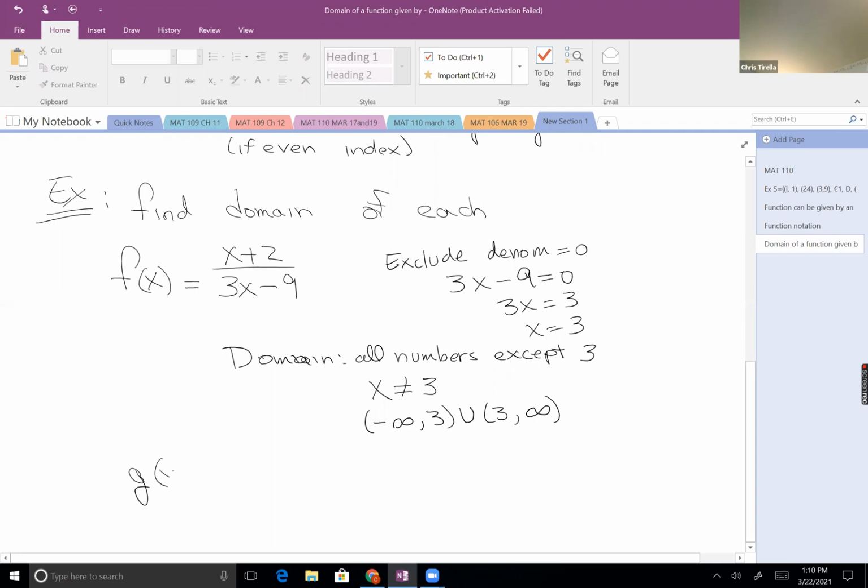Instead, if I have something like g of x equals the square root of, let's not use 3, let's say 2x minus 12, because I have a radical, I have to exclude where the radicand is negative.